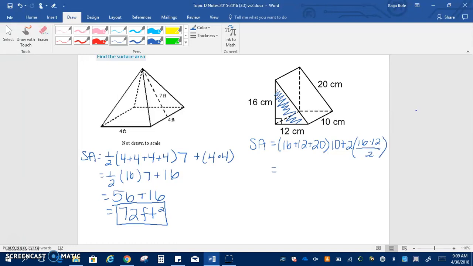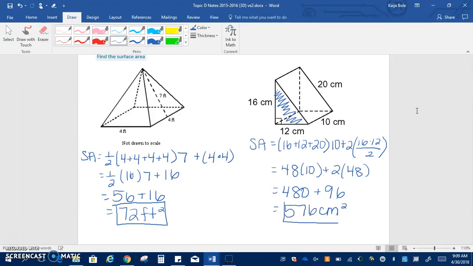If we add up these numbers, we get 48 times 10 plus 2 times, let's see, 16 times 12 divided by 2 ends up being 48. So we have 480 plus 96, and when you add those, you get 576 centimeters squared.